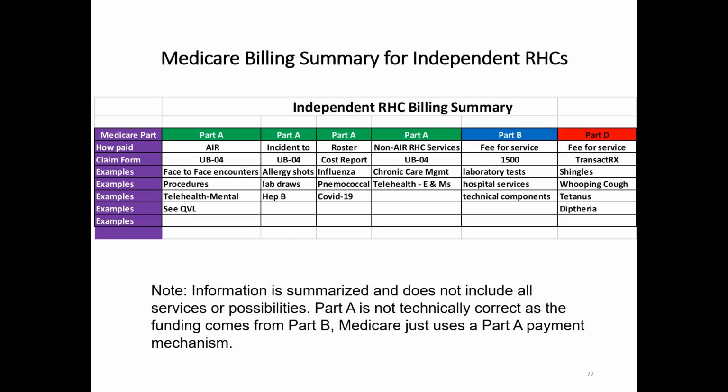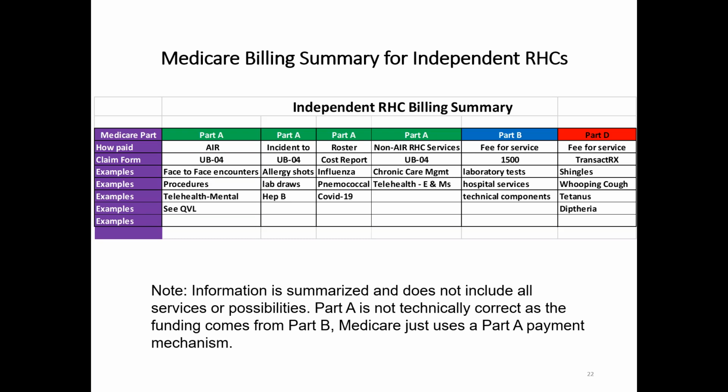And then there's other services that are Part A services that don't get billed on a UB04. They don't get billed on a 1500, and they're not Incident 2. Those are roster billed, and they go on the Medicare cost report at the end of the year. It's influenza, pneumococcal, and COVID-19 vaccines.